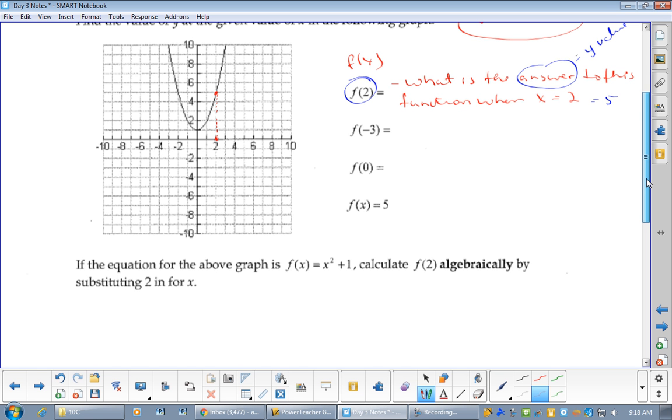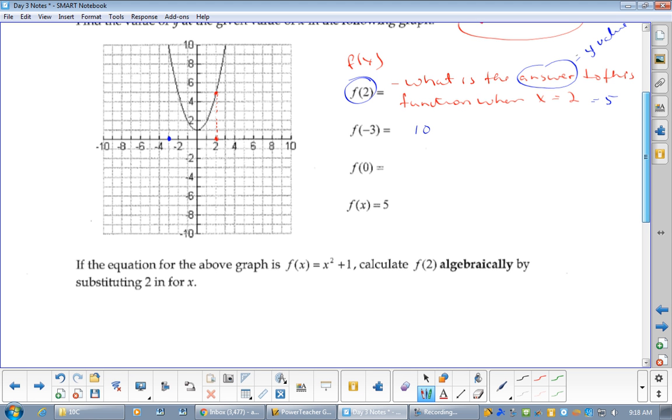It's got to be positive, guaranteed. And here's -3. If I was to follow that up, I would say 9. No, it's 9 or 10. Okay, so you find -3.